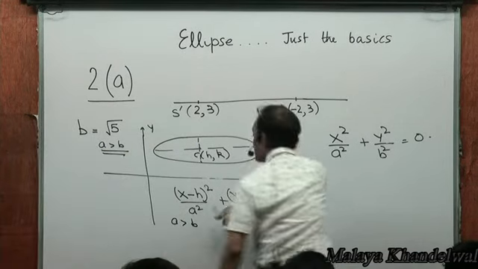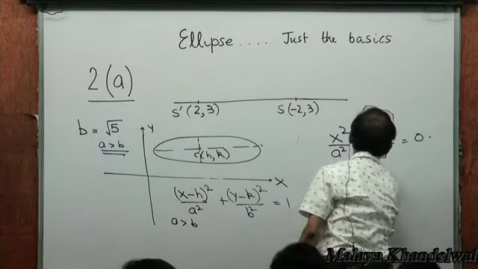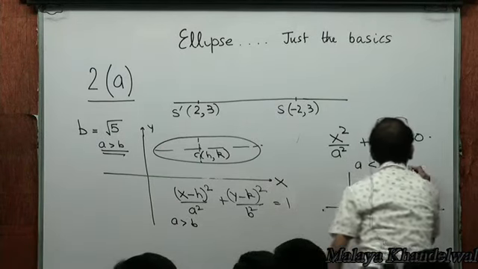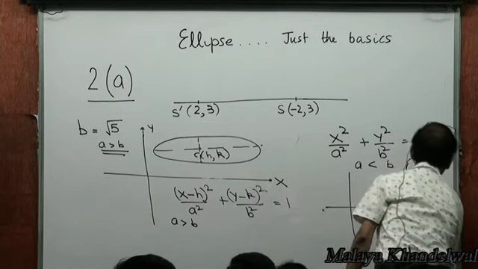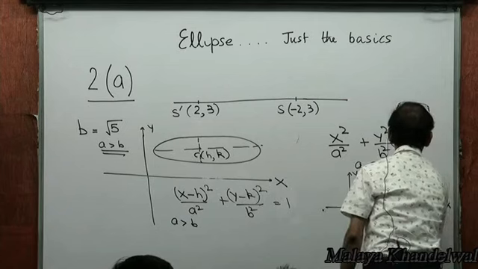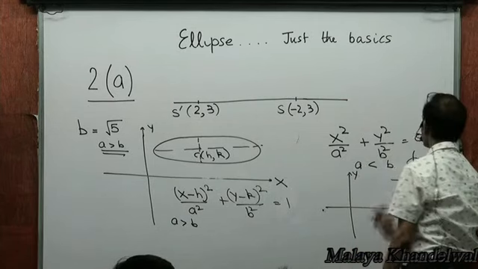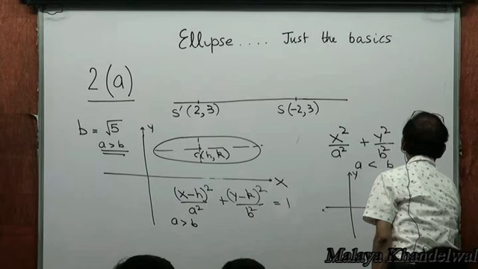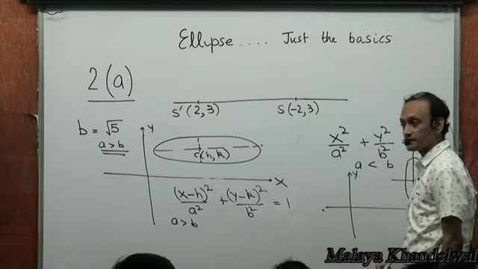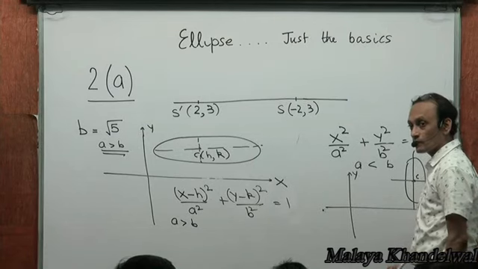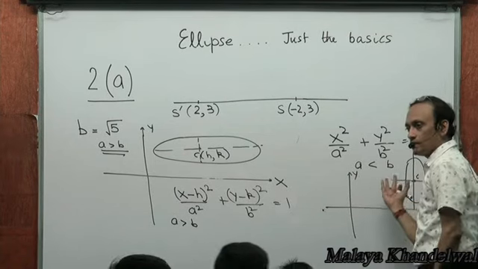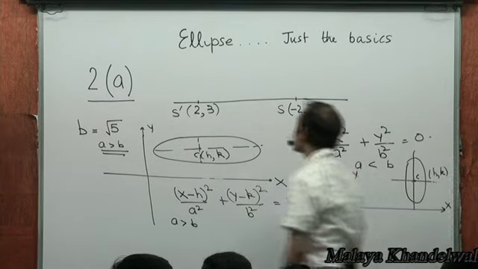The same ellipse, if a was less than b, but center h comma k, would be like this. This is a less than b, and center of this ellipse is h comma k. So the orientation will depend on whether a is less than b or a is more than b, right?